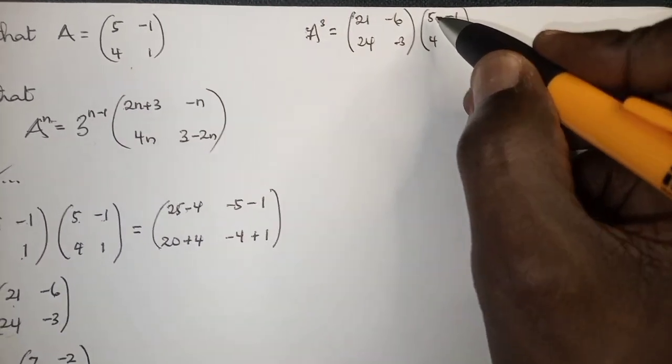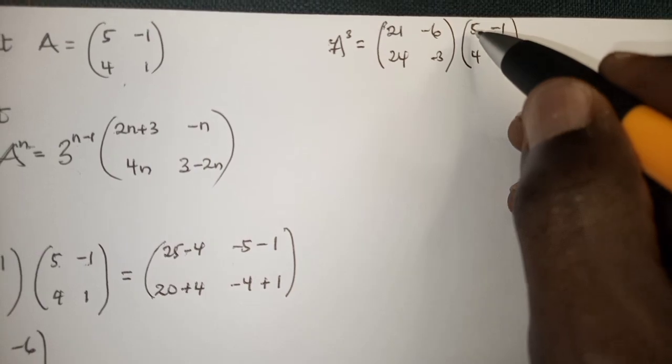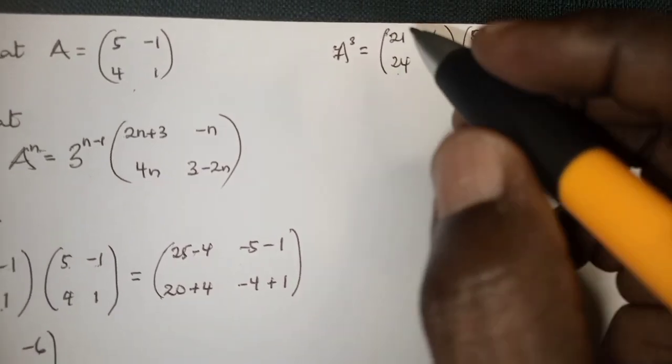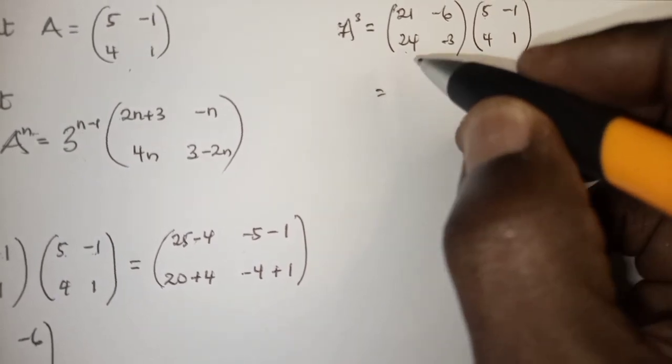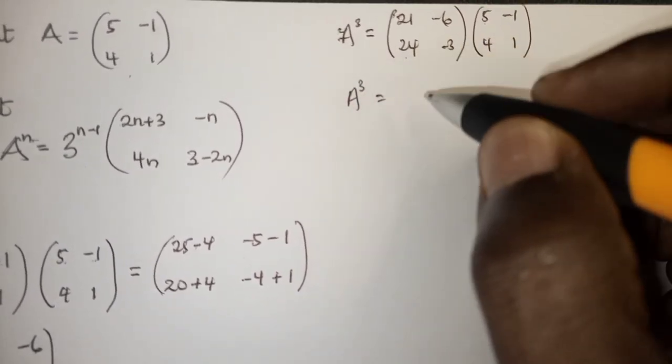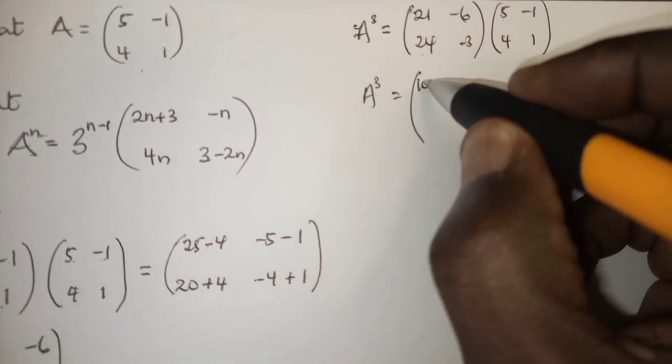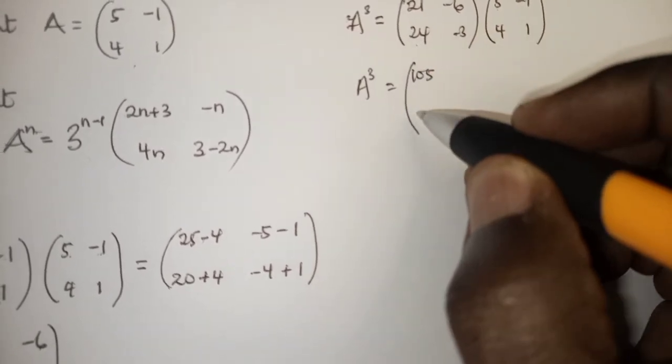We use 5 times all this, then 4 times all this, then we add. So that will be 105, 120.